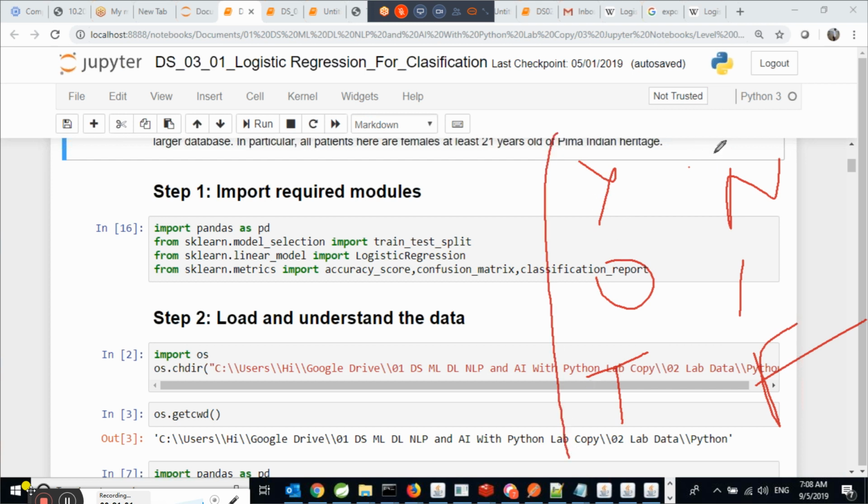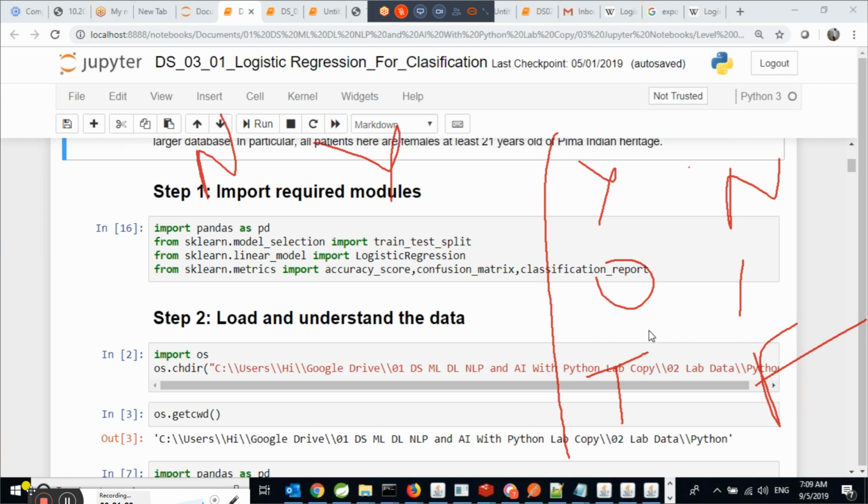As we know how it will sort: first it will come no and then yes. In alphabetical order it's already sorted, n and y. First n will come, then y will come. First 0 will come, then 1 will come.